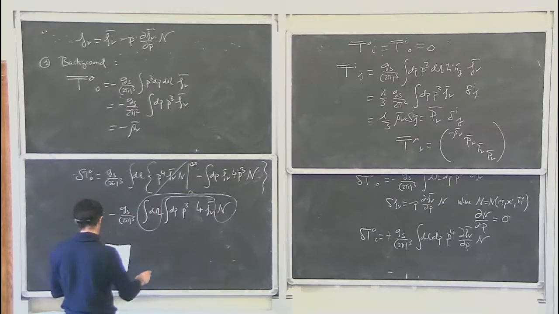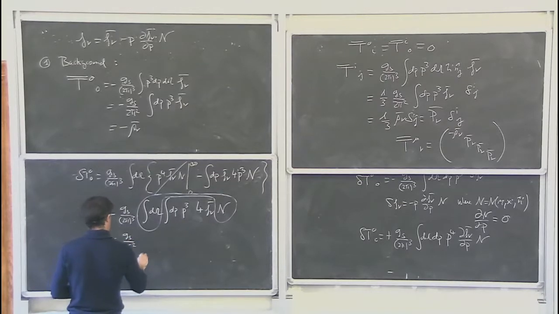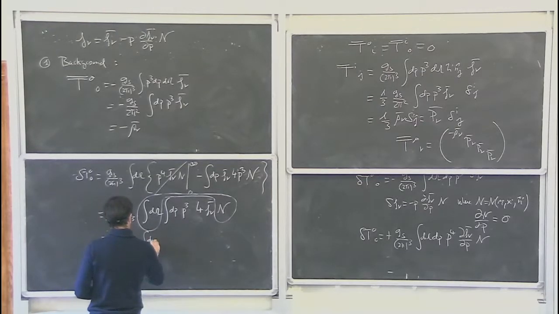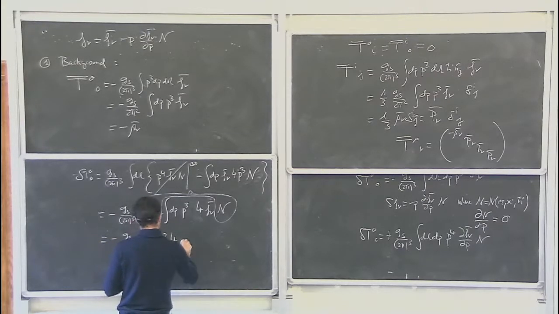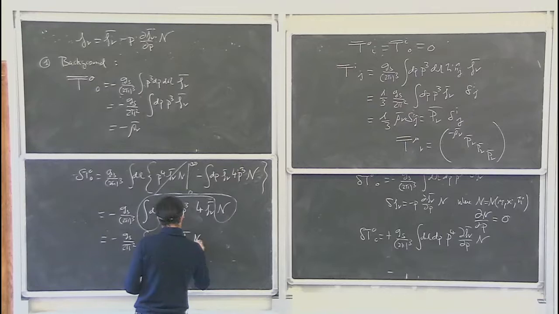So I'm left with minus, let's keep track of this, gs over 2 pi squared, and I have the monopole for the neutrinos.